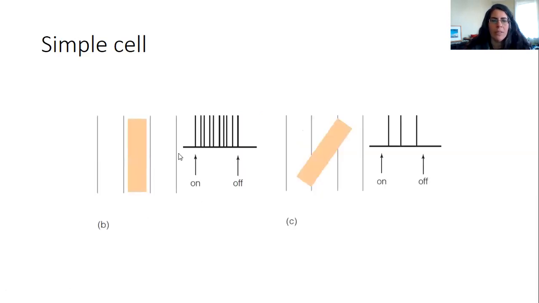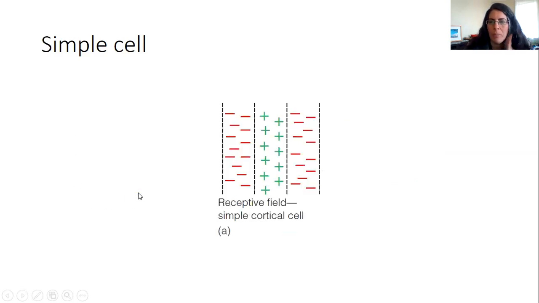All right, so here's an example of this side-by-side on-off receptive field simple cell. Again, like I was just saying, if the light is filling up this excitatory area, you'll see this firing rate. If that light out in the world is at a different orientation, so it's bleeding over into these inhibitory areas, it'll slow down the firing of this type of cell.